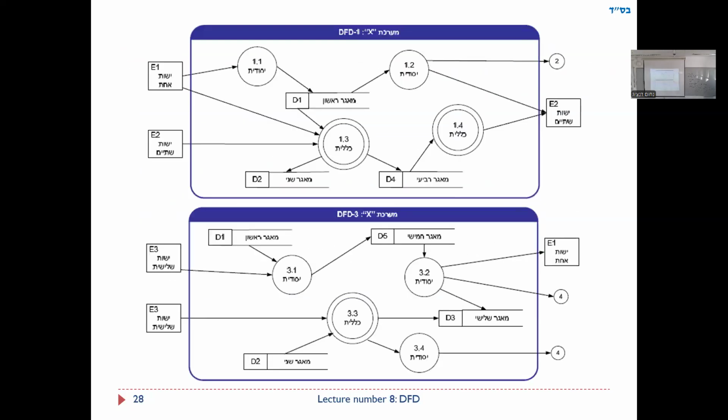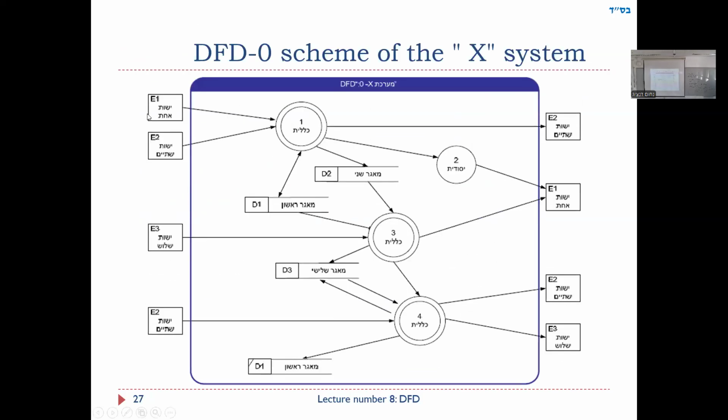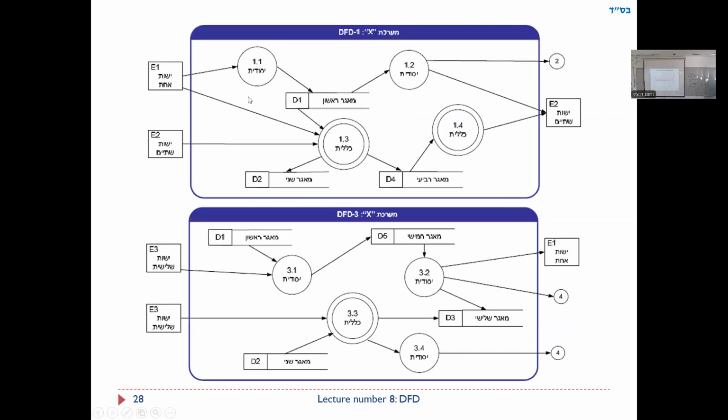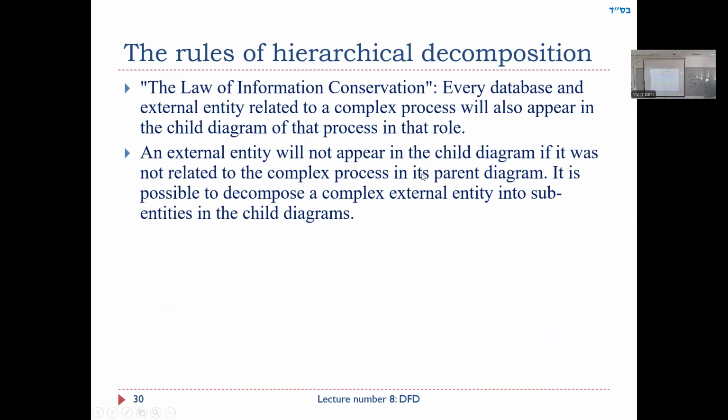In this diagram, I see that entity 1 and 2 go to process 1. When I explain process 1, I better not have entity 7 also writing to it. In the detailed version, I can't have all of a sudden a new entity on either side. That's what the second rule says.